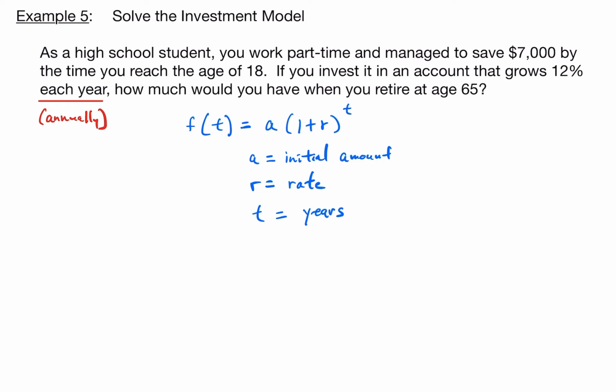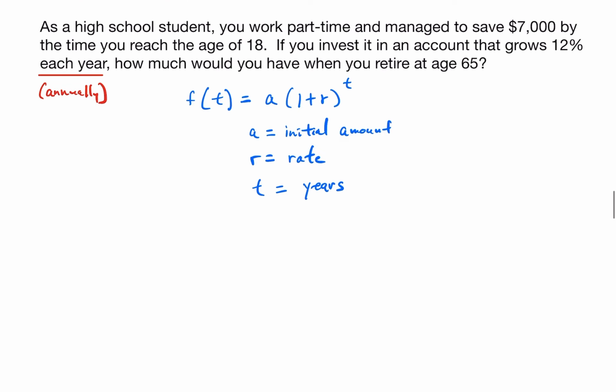So in other words, if the problem had changed to semi-annually, quarterly, or monthly, then you can't use this equation, okay? There's a slight variation, but for the purpose of this particular lesson, we're going to just focus on annually, and so this equation will work.